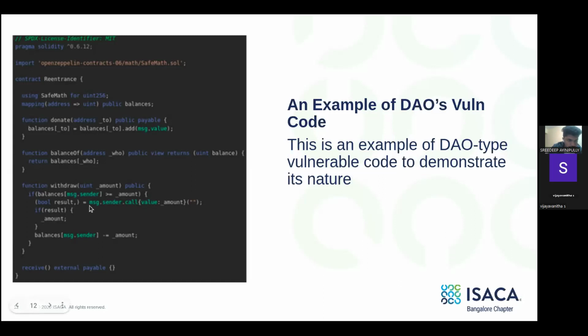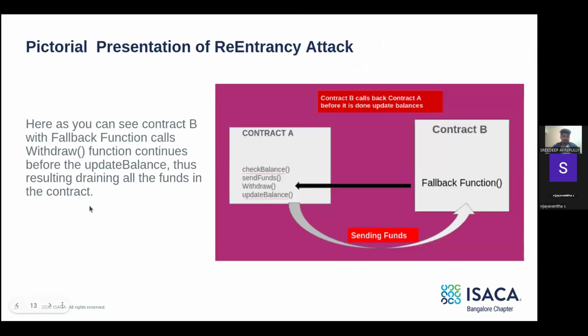So this is the pictorial representation of the re-entrancy attack, for easy understanding. Here, as you can see, contract B with the fallback function calls the withdraw function continuously before the update balance function, thus draining all the funds in the contract.